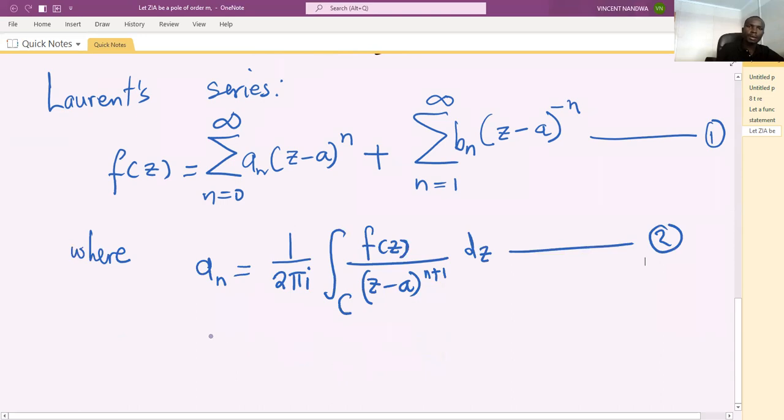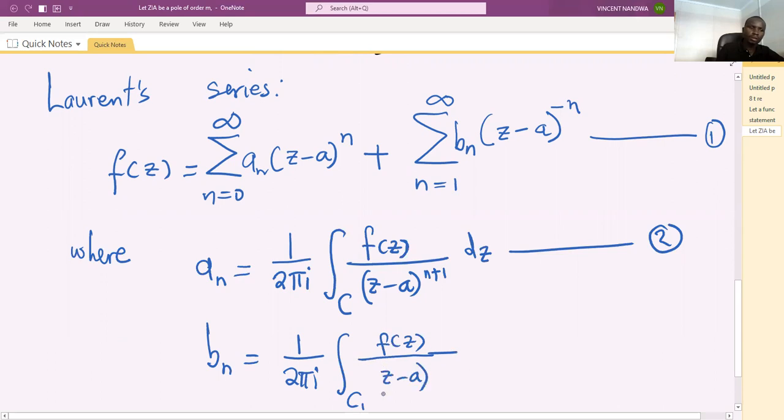And b n is 1 over 2 pi i times the integral along C1 of f of z over (z minus a) raised to the power minus n plus 1 dz. Let's call this one 3.